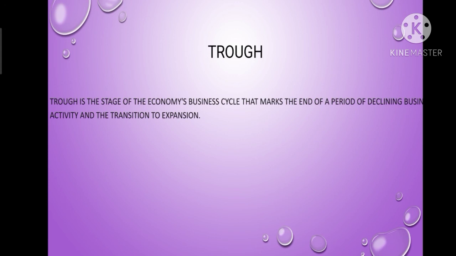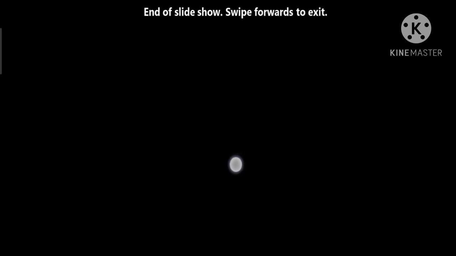This is the last stage of contraction, which means it is in between depression and recovery. So it is the final stage of contraction and at the same time the first stage of expansion. Here the diminishing of economic activity comes to an end.